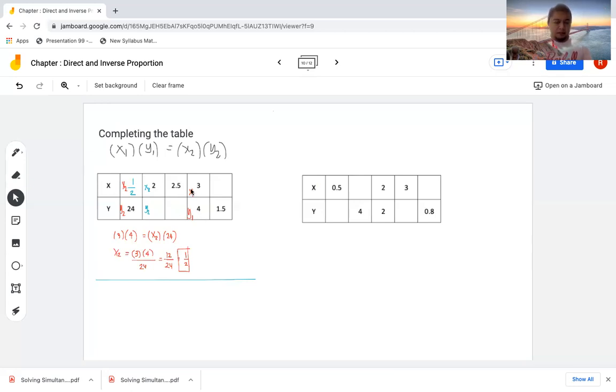So from here, let's try. If this is 3 times 4, and you're looking for x sub 2, y sub 2 as 2 times y sub 2, that means 12 is equivalent to 2 times y sub 2. So y sub 2 is 12 divided by 2, which tells us that the answer for y sub 2 is equivalent to 6, meaning this one now will give us a value of 6. Okay?